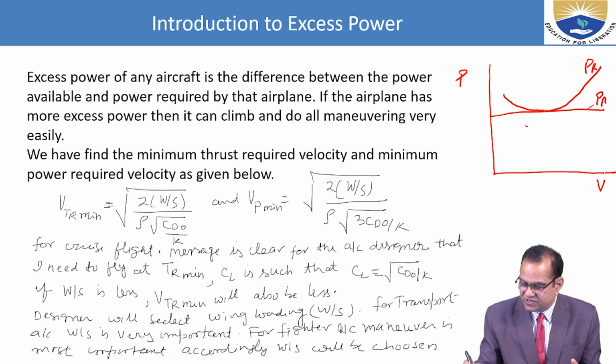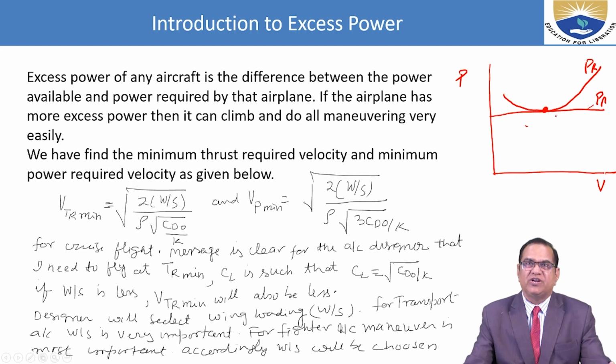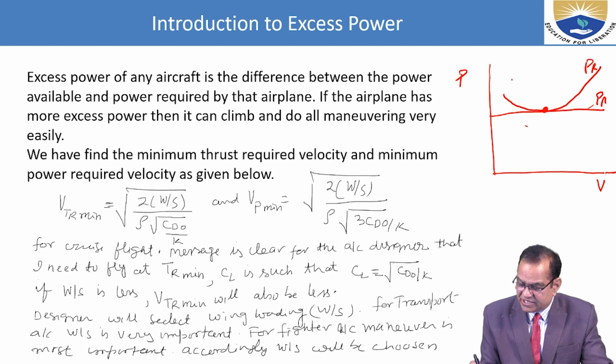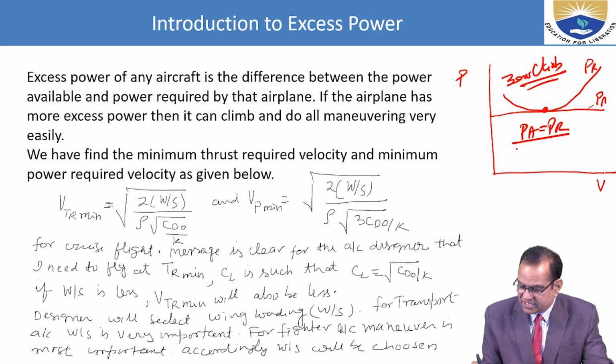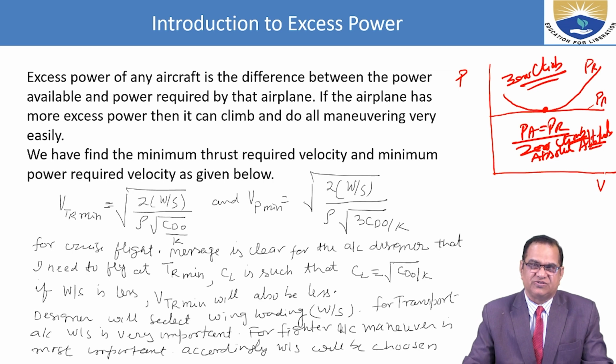So this is the highest altitude where your aircraft can go. Beyond that it cannot. Zero climb will be there at this point, when PA is equal to PR. That altitude is called the absolute altitude, meaning your aircraft cannot go 1 inch beyond that altitude.